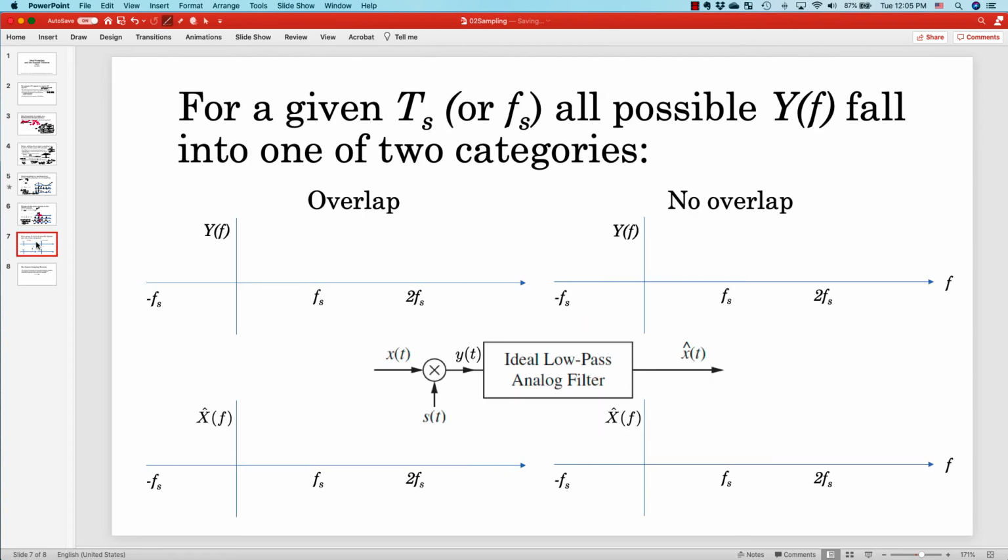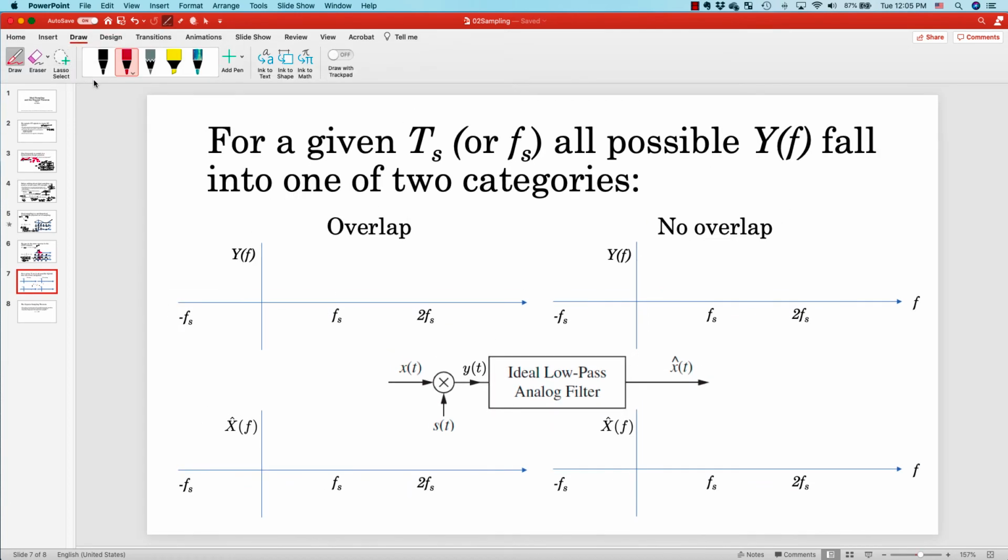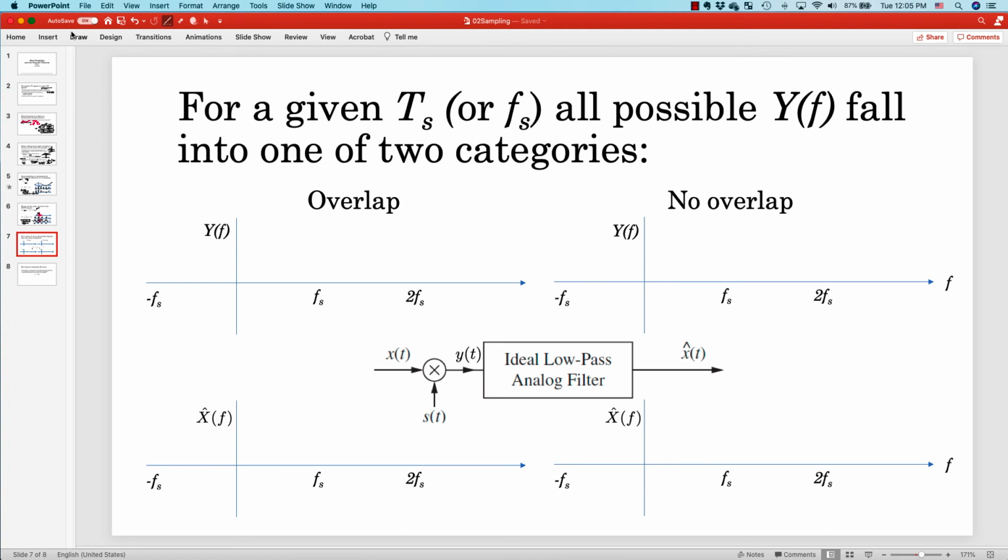So that actually gets us to this slide where we talk about there are two possible situations. That once I take the spectral images and I copy them over and over again, I get overlap, or I could have no overlap.